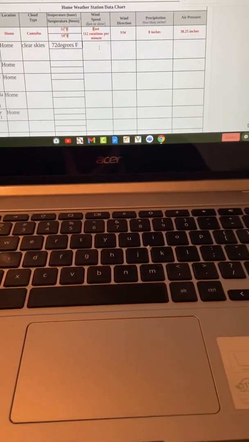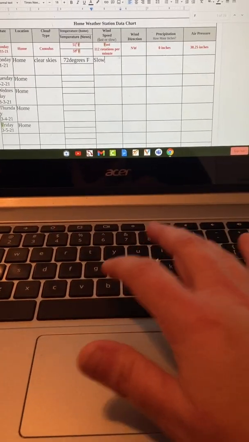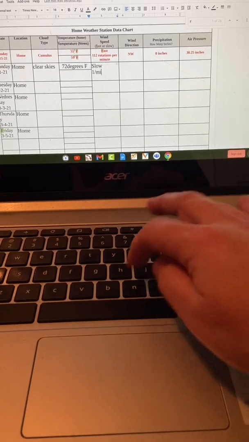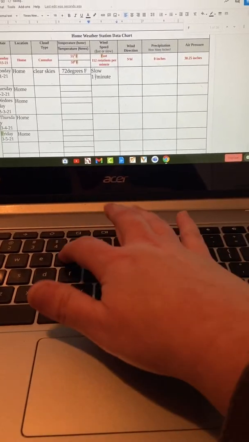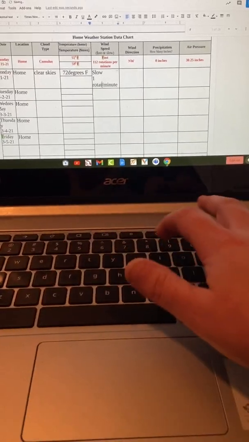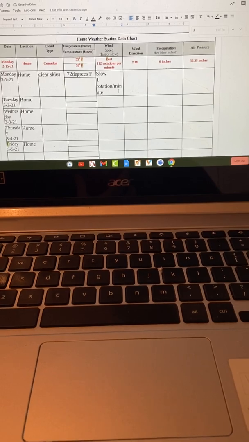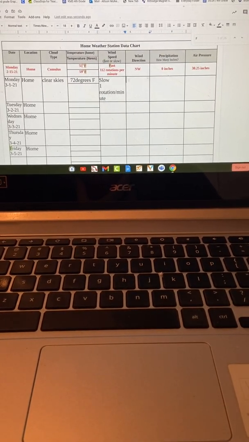We only had 1 rotation per minute. So we're going to say slow. And I'm going to say 1. I'm just going to put over a minute. 1 rotation. And that slash means per. So this means 1 rotation per minute.